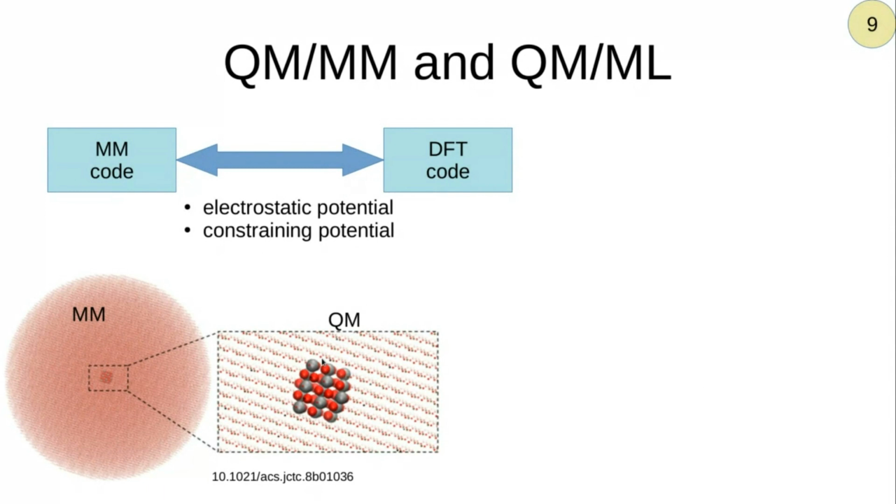In that case, you need to organize interoperability between two codes. One of them is a DFT code that will describe the internal quantum mechanical part of the system, and a molecular mechanics code that describes the large part of the system.